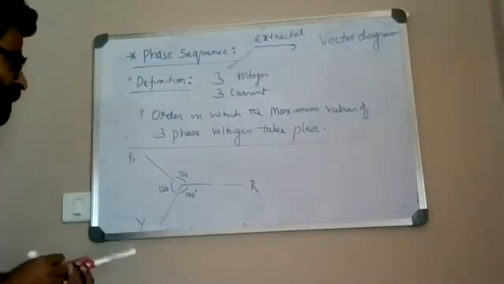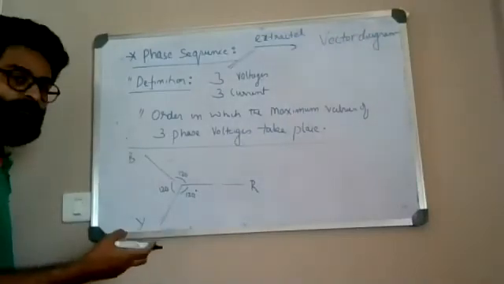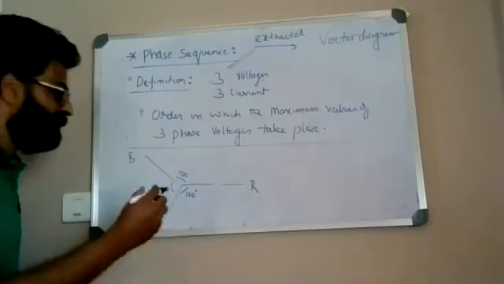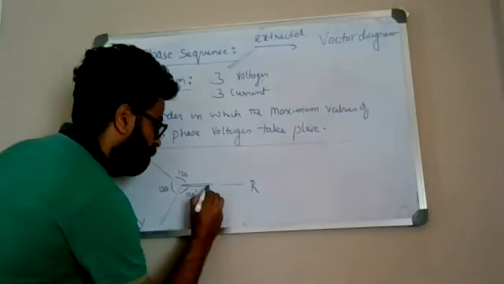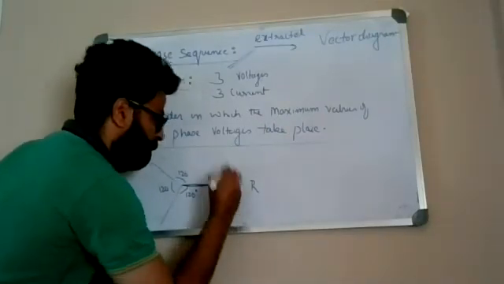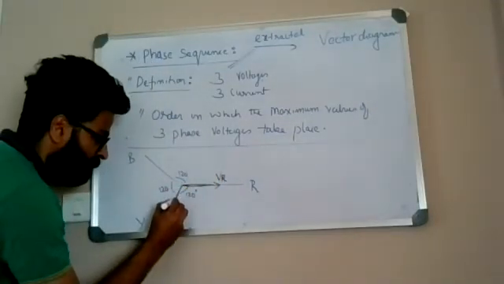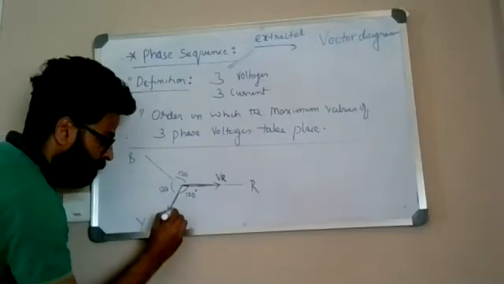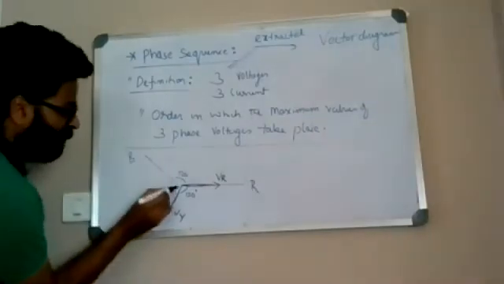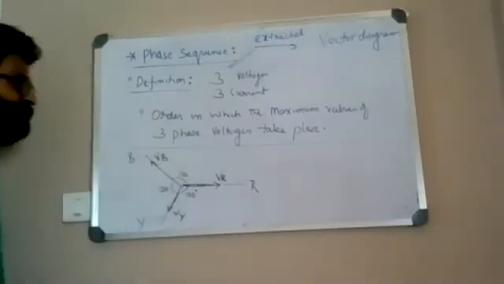Okay. So along r, let us project vector Vr, which represents the RMS value of voltage induced in R winding. Okay. Vr. All right. And along Y, let us project Vy. And along B, Vb is projected.